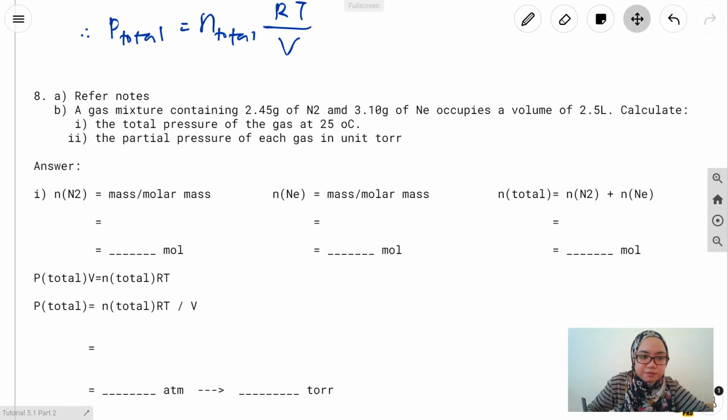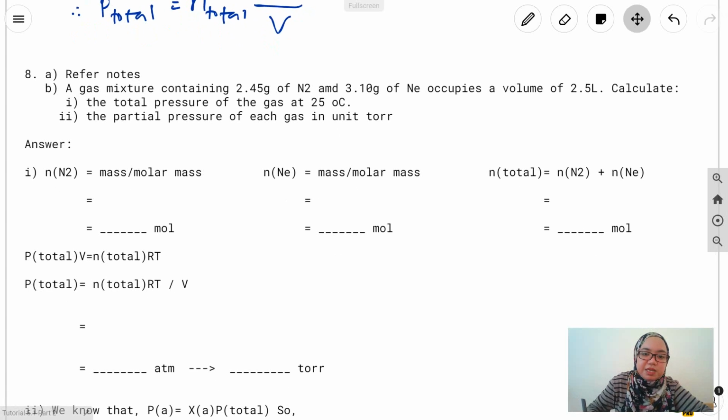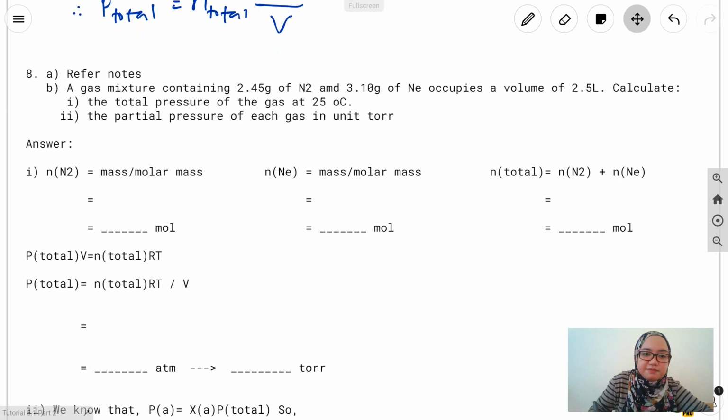So now let's look at question B. It says that a gas mixture containing 2.45 gram of nitrogen gas and 3.10 gram of neon gas occupies a volume of 2.5 liter. Calculate the total pressure of the gas at 25 degrees Celsius.